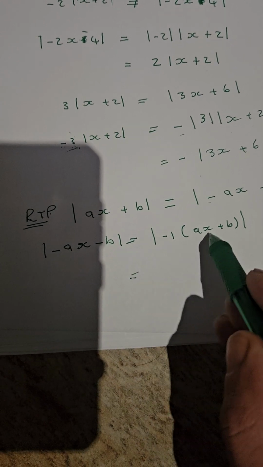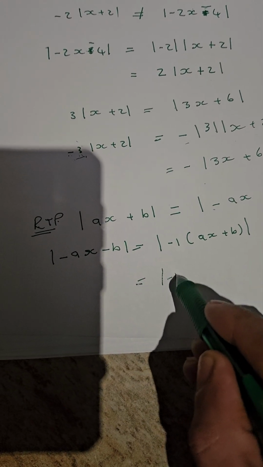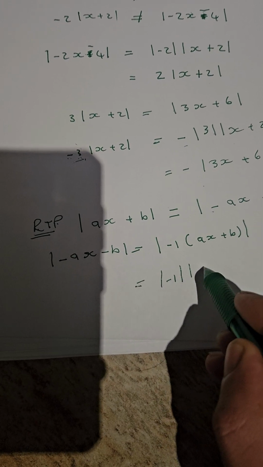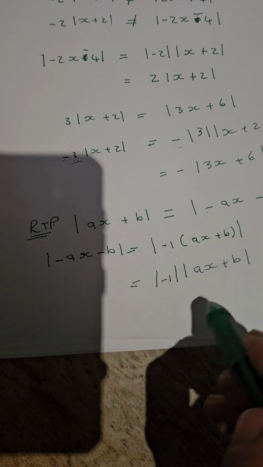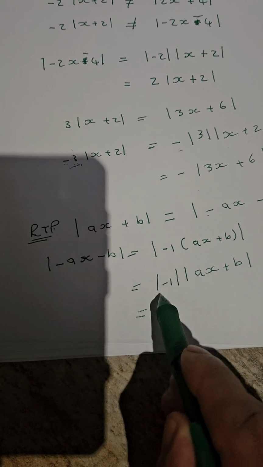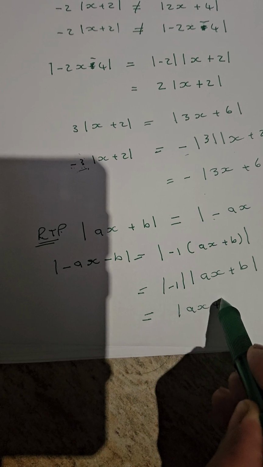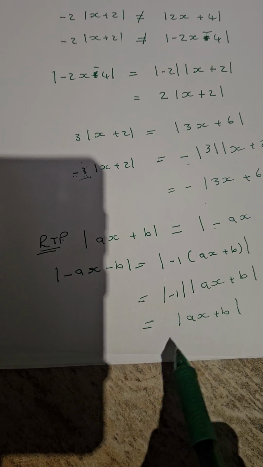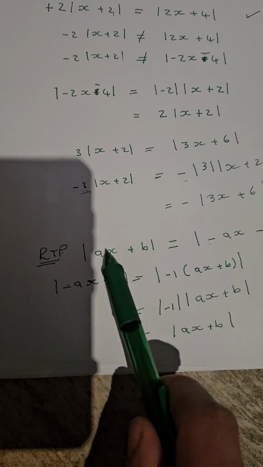So in this case, my x is just ax plus b, my alpha is just minus 1, so it's the absolute value of whatever I factorized out times the absolute value of my other thing. The absolute value of negative 1 is 1. So I'm left with this. And guess what? I just proved that this is equal to that, which is exactly what I wanted.